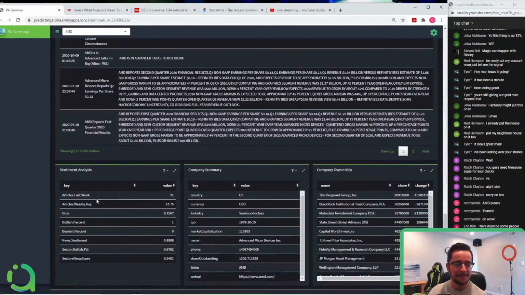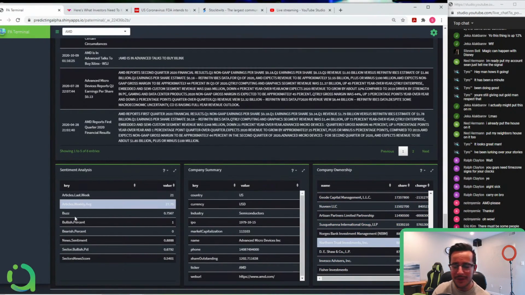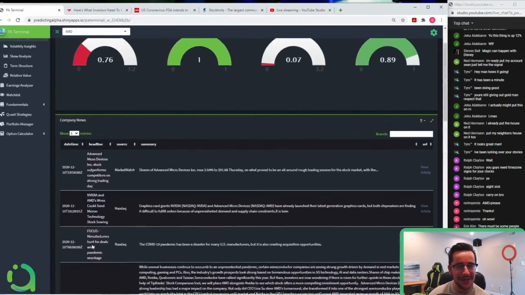We could see who's holding it, what's the change in shares, what's the buzz around this company right now. There's just so much information that helps us craft better views and express that view better in the market. And that means that we have more control over how our portfolio performs.